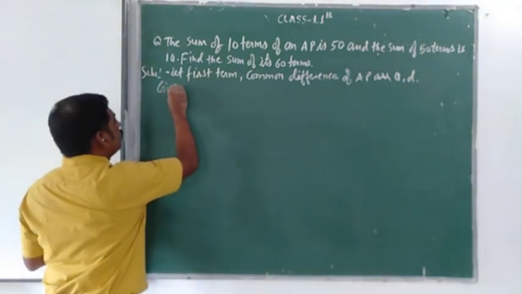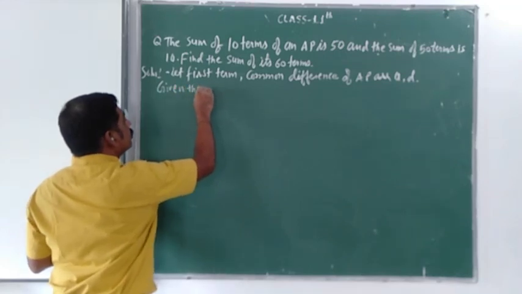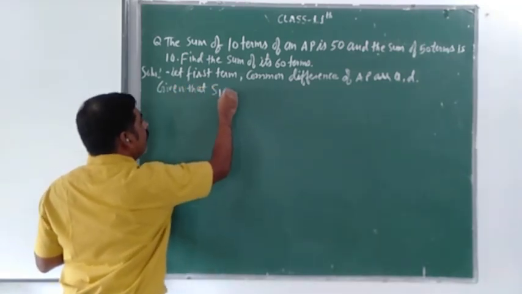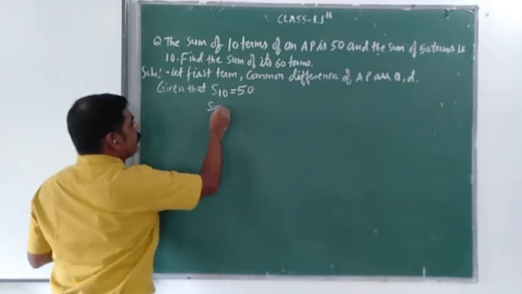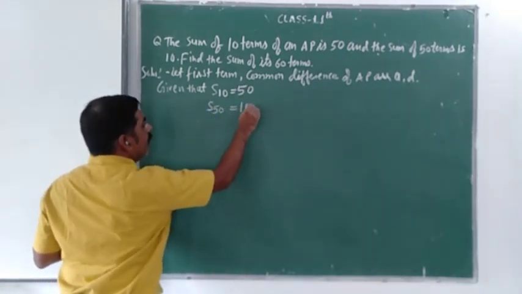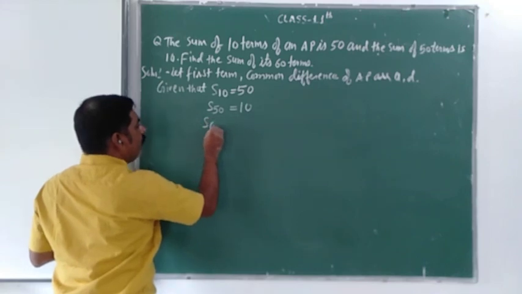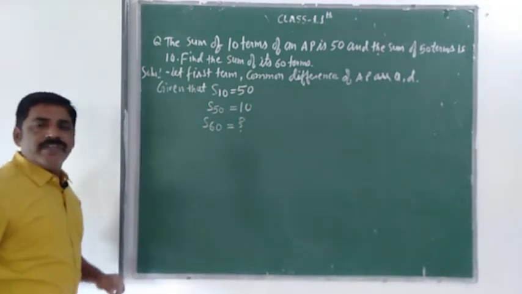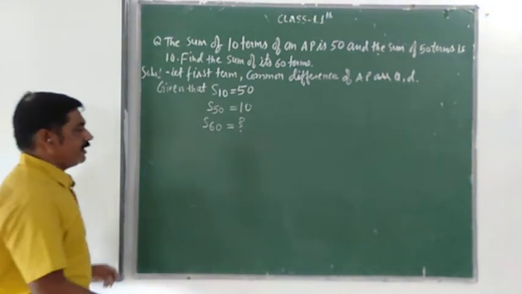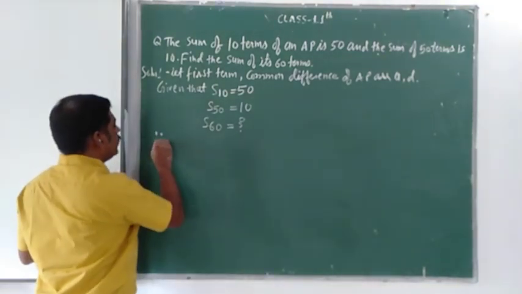Given that S10 is equal to 50, S50 is equal to 10, and what we have to find? S60. Clear?